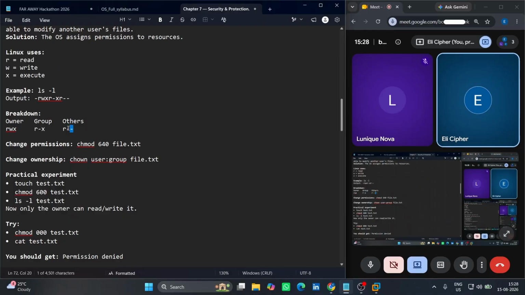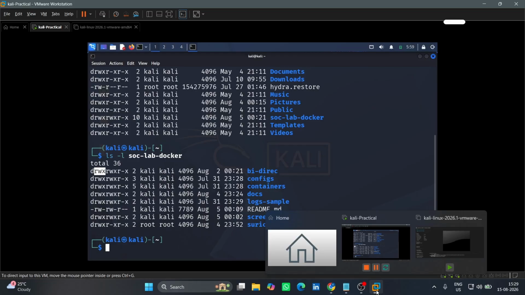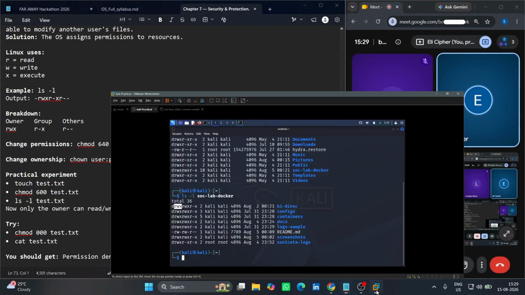Take a look here. Why have I told you to divide this single line of permission into 3? Because by combining them, you are able to find something more interesting, right? The first group of permission, this RWX, defines the permission applied for the owner of that particular file or directory, right?